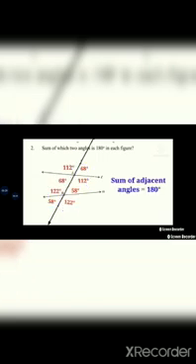Okay, this one also. Go to next. The sum of two adjacent angles is equal to 180 degrees.